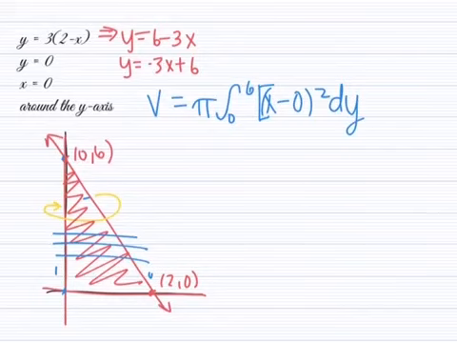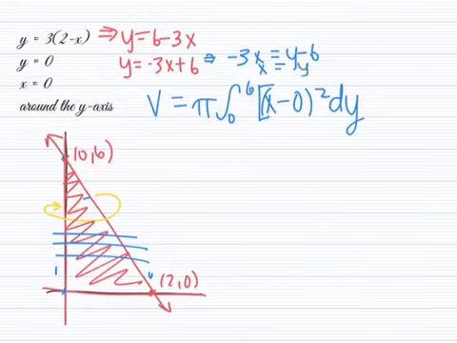So then, since you don't have to subtract out any empty space, the next step would be to replace everything in terms of y. So to do that, you need to solve this equation for x. Negative 3x equals y minus 6, and x equals y minus 6 over negative 3, or 6 minus y over 3.